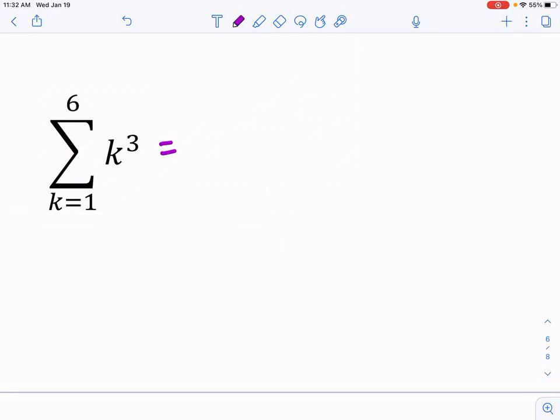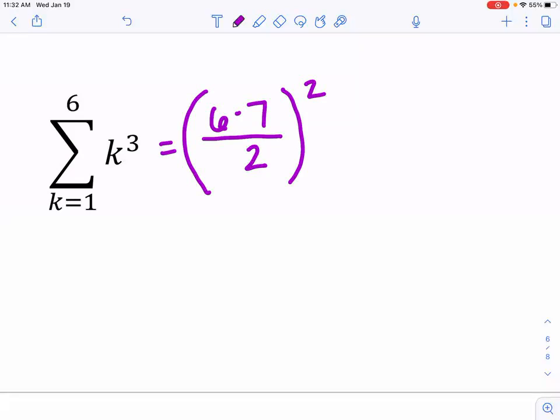Okay, now luckily, the k and k cubed have similar shortcuts to where we don't have to memorize too much. So we're going to take n times n plus 1 all over 2, squared. What's 6 divided by 2?